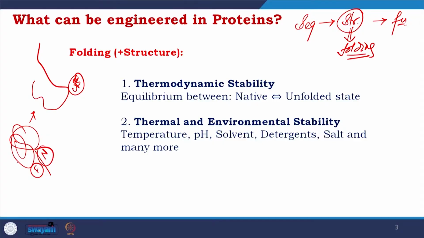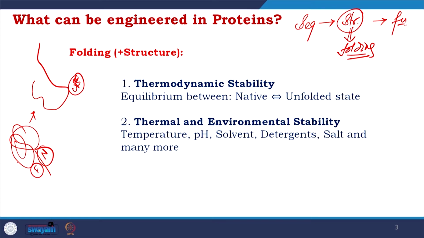The second one, in a broader sense but connected to this, is thermal and environmental stability. Under these there would be temperature, pH, solvent, detergent, salt and many more.